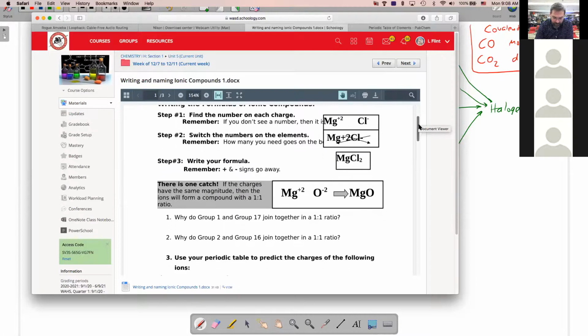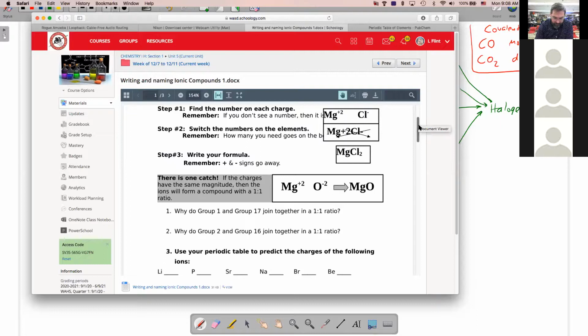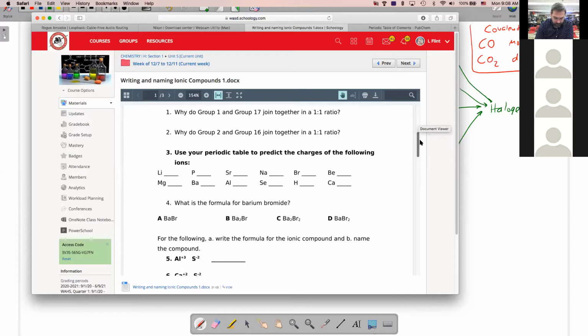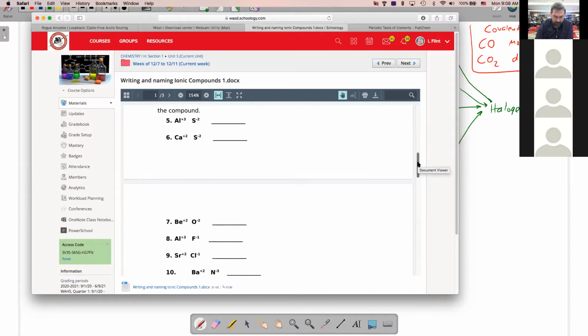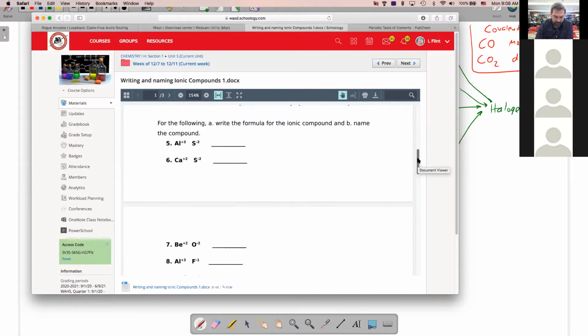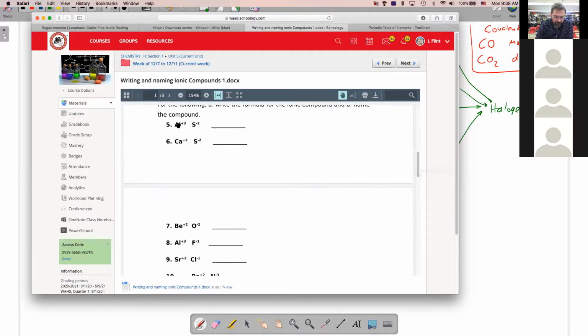This is another example of writing names and formulas for compounds. So like you can predict charges for them, what's the formula for barium bromide, and then write formulas for compounds containing each of those pairs of atoms. So with aluminum and sulfur, with that criss-cross method, it'd be aluminum sulfide, it'd be Al2S3, and so on and so forth.